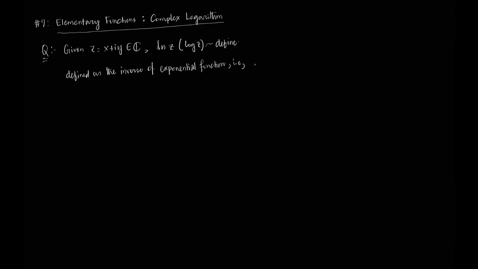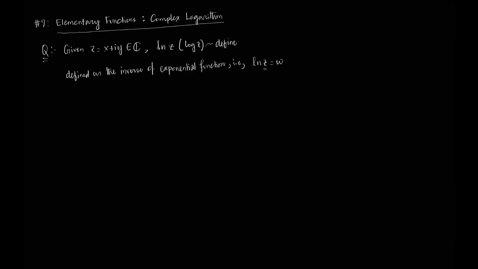Let's say I want to define log z, and let's say that is w. So log z is another number which we are trying to find, a complex number w. Given a z in C, we want to calculate what log of z is. And how do we do that?